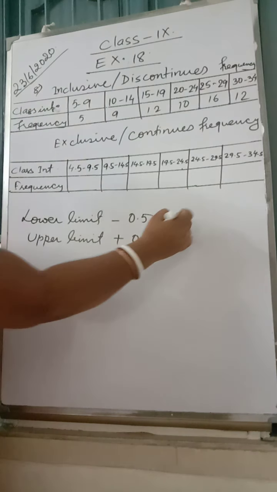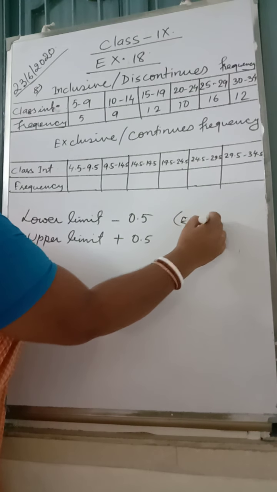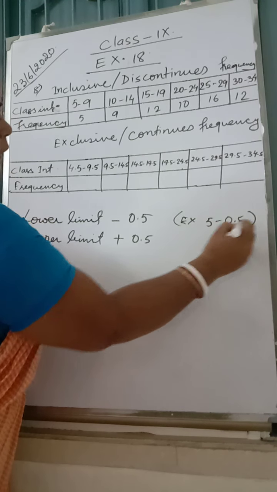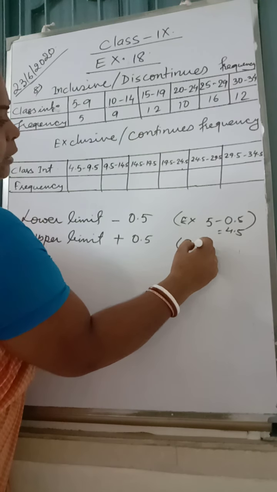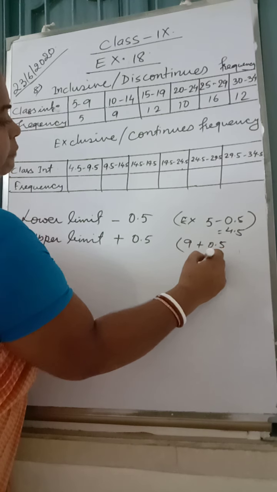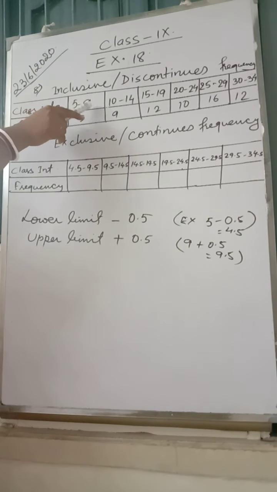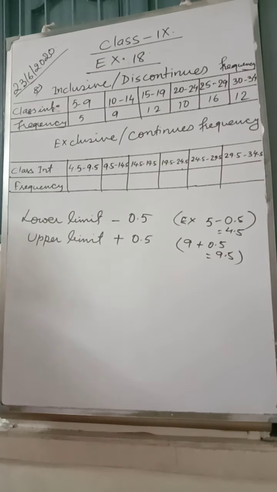For example, we have 5. If we subtract 0.5, this gives you 4.5. And we have upper limit 9, so we add 0.5, that gives you 9.5. So we subtract 0.5 from the lower limit and add 0.5 to the upper limit. Now you can see this is converted into a continuous frequency table.